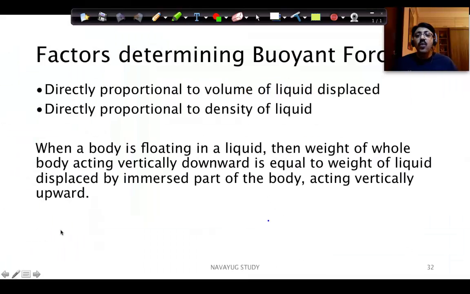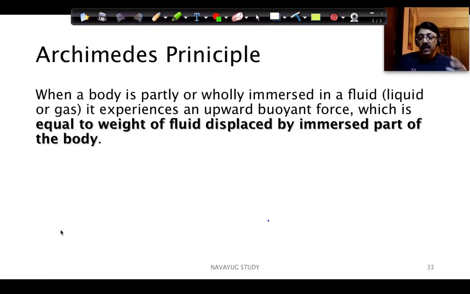Okay, so now what is Archimedes principle? Archimedes is the person who wrote a law about it. He discovered this concept of buoyancy in a bathtub. Absolutely. The students are saying that he discovered this concept of buoyancy when he got into a bathtub. That is true, right?